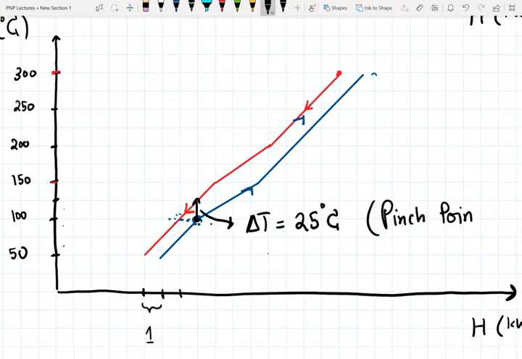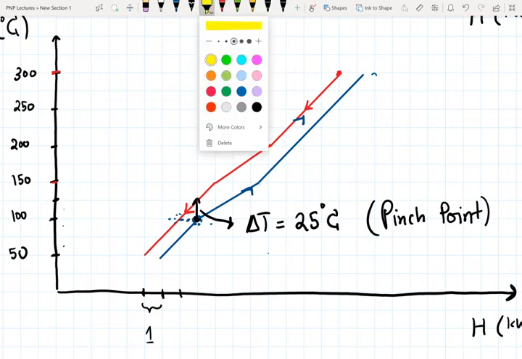Now finding the location of the pinch point is important because it's going to help you determine how you're going to be matching streams for different heat exchangers. There are different rules for matches above the pinch point and different rules for matches below the pinch point. So let me highlight the area for our heat exchange.